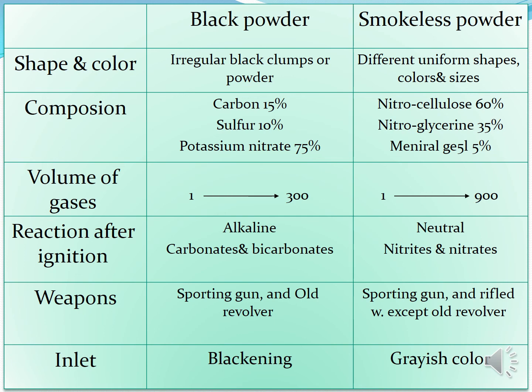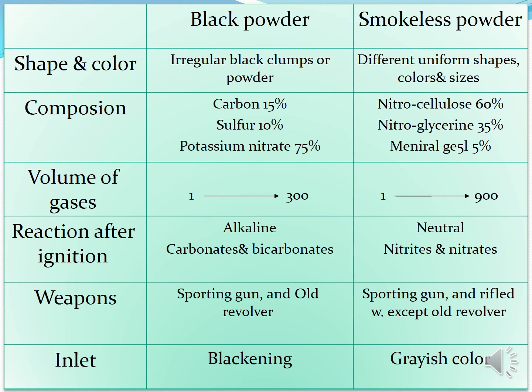From shape and color: black powder is irregular black lumps or powder. Smokeless powder has different uniform shape, color and size. Composition: black powder contains carbon, sulfur and potassium nitrate, while smokeless powder has nitrocellulose, nitroglycerin and mineral jelly. Volume of gases: 1 volume gives 300, while smokeless powder 1 volume gives 900 volume.